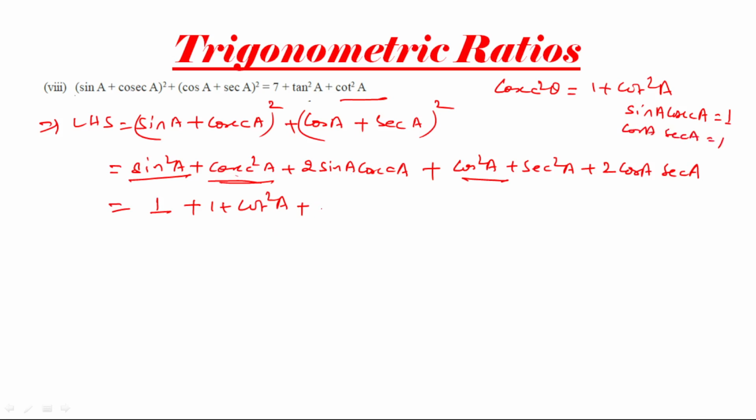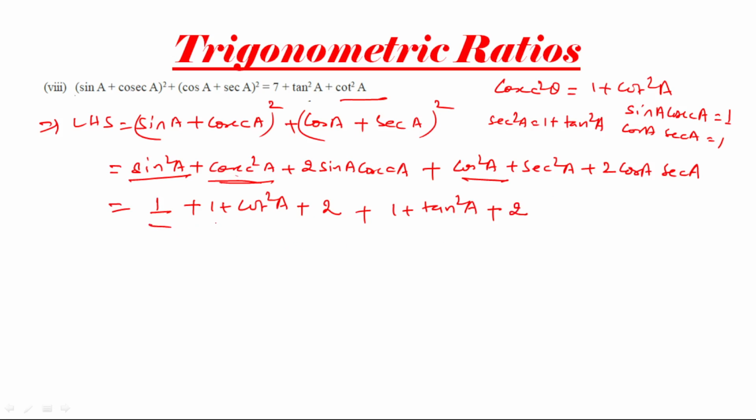So it will become 2 into 1, so 2, plus secant square A we can write as 1 plus tan square A. Again 2 cos A secant A is 2 into 1, 2.